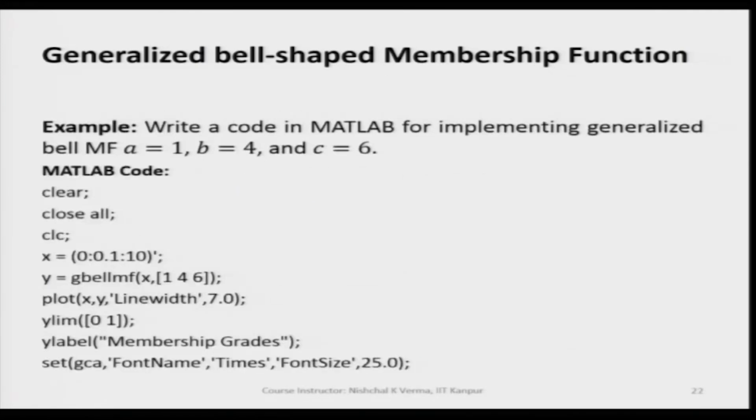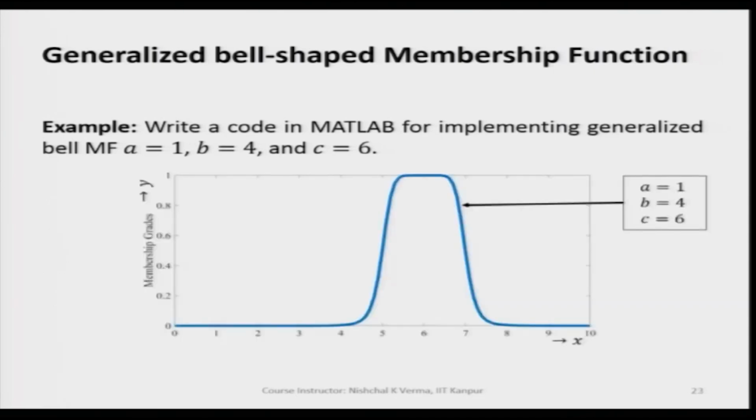Here also we have a MATLAB code for generating the generalized bell shaped membership function. As we saw the formula for the generalized bell shaped membership function, if we substitute the values of a, b and c, we can generate the bell shaped membership function like this.